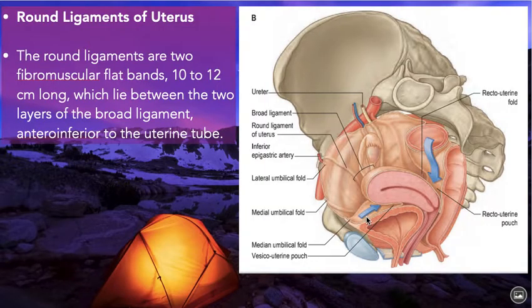The round ligament of the uterus, this is the round ligament of the uterus. They are two fibromuscular flat bands, 10 to 12 centimeters long, which lie between the two layers of the broad ligament anteroinferior to the uterine tube. This is the uterine tube.